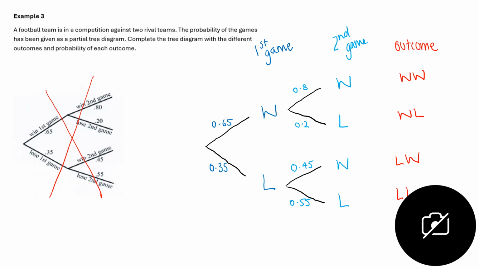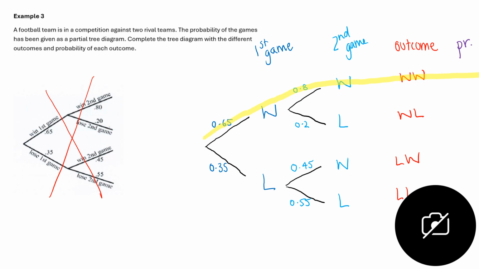The final part to this is we need to write down our probabilities. I'm just going to write PR for short. So remember, if we're following that branch here, I've got 0.65 multiplied by 0.8. I'm just going to do that on my calculator here.